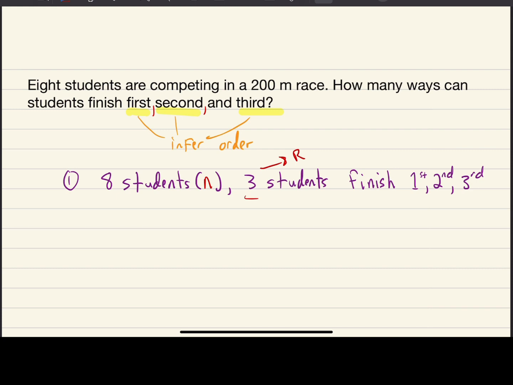And so if we're using a calculator, we would use 8 nPr 3. And then that would give us a total of 336 ways that students can finish first, second, and third.